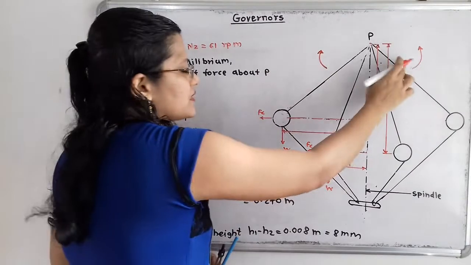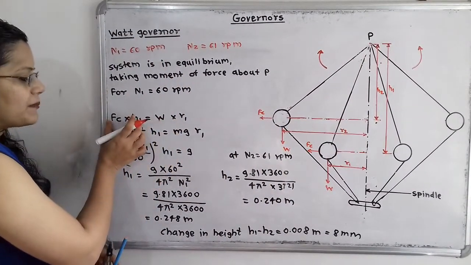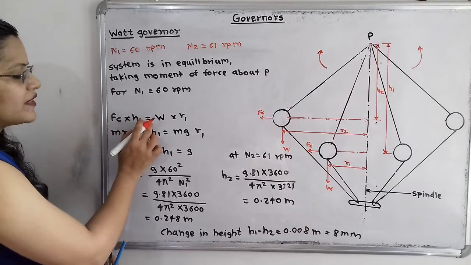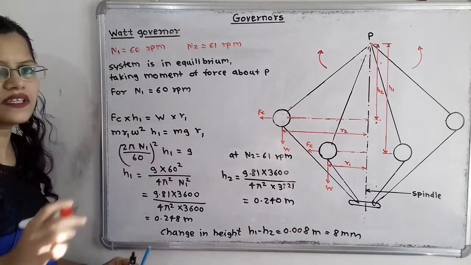Both are in opposite directions, so on the left hand side we write Fc into h1, which is equal to W into r1.